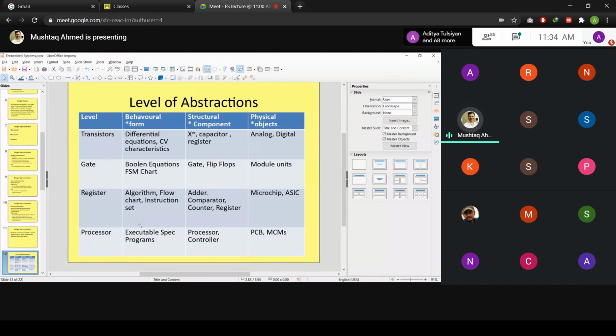When we discuss this transistor level, we have the bipolar and unipolar types of transistor. As I said in the previous class, in the bipolar we have RTL, DTL, DCTL, I squared L, low power Schottky and ECL. In the unipolar type of devices, we have NMOS, PMOS, and CMOS.